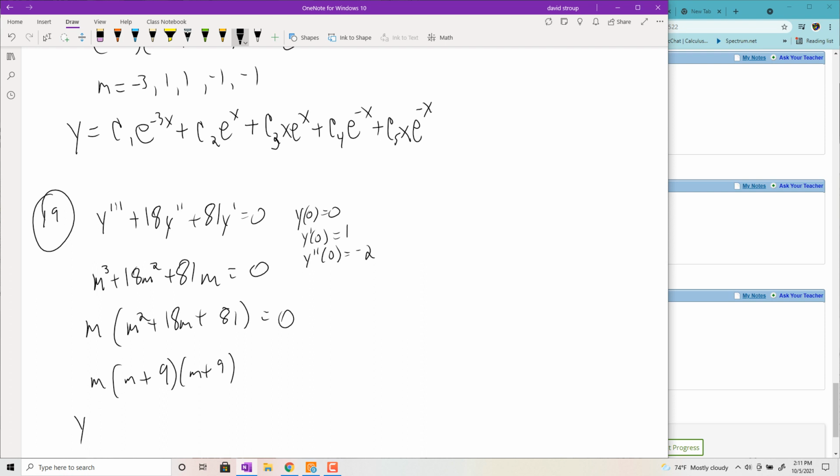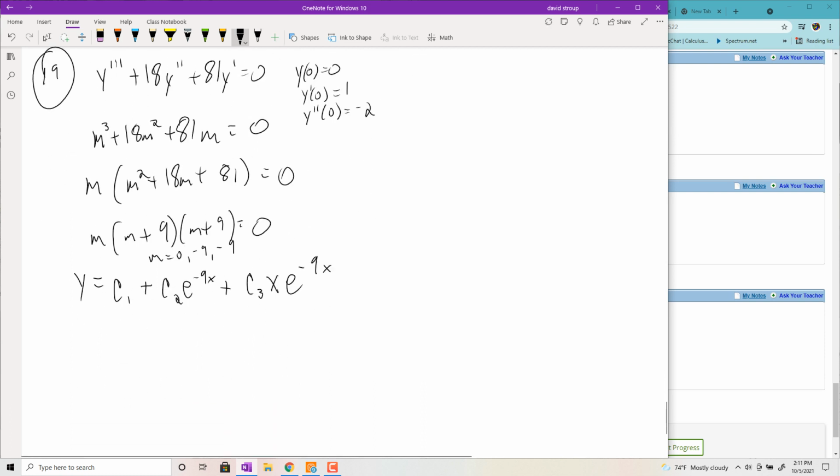So our roots are 0, -9, -9 repeated. So it's c1 e to the 0x, but e to the 0x is just e to the 0, which is 1. So we just get c1, and then plus c2 e to the -9x. And then repeat, so you tack in an x: c3 x e to the -9x.